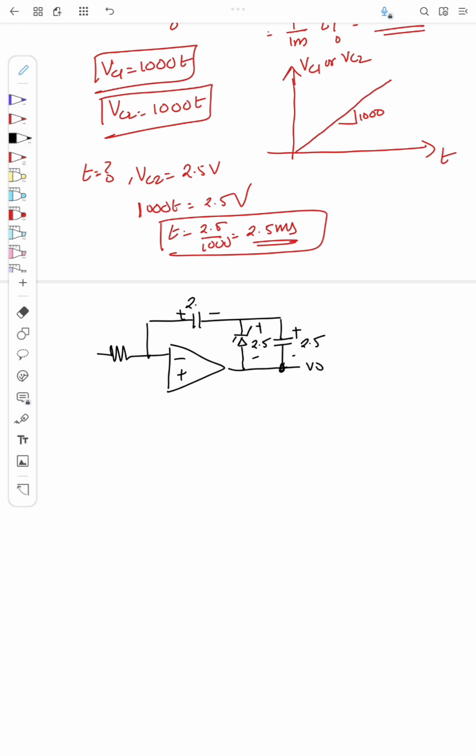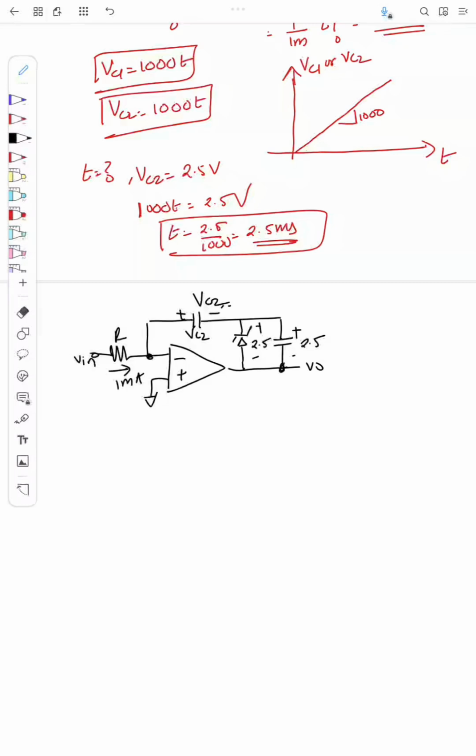Here it is 2.5 volt reached at t equal to 2.5 millisecond, plus VC2, the changing VC2, will be there. Or I will simply call it VC2 itself. So R, 1 milliampere and Vn.